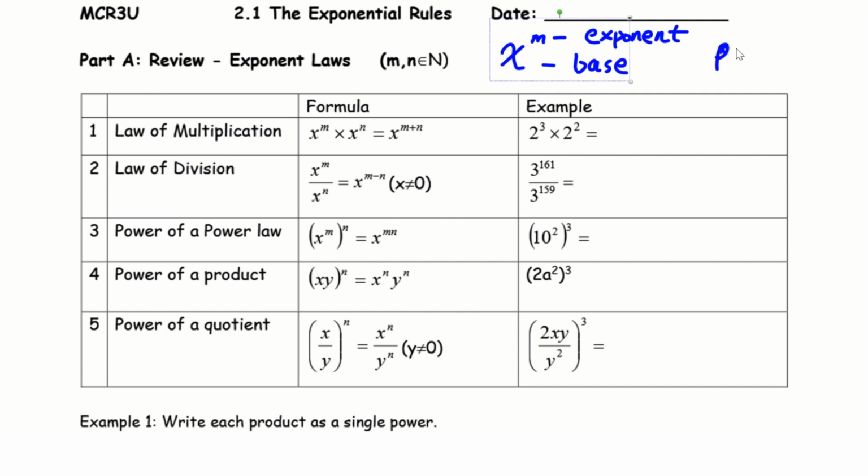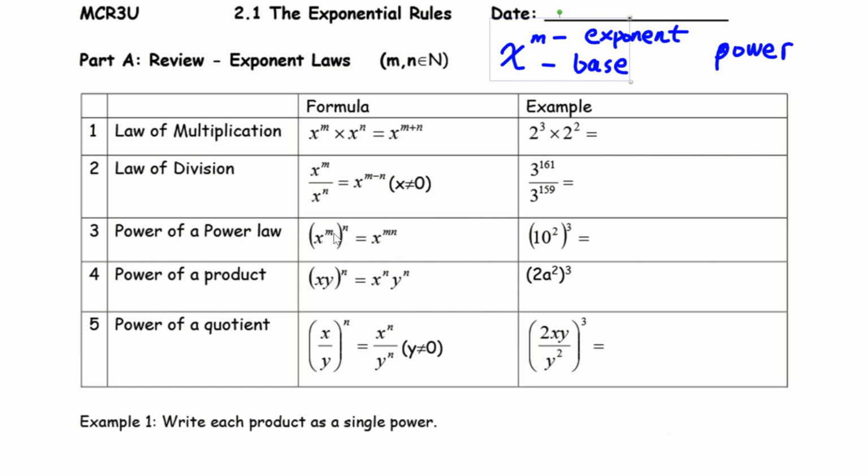When we are multiplying or dividing powers, we can only combine the same base. For multiplying two powers with the same base, we add the exponents. If we are dividing powers with the same base, we subtract the exponents.